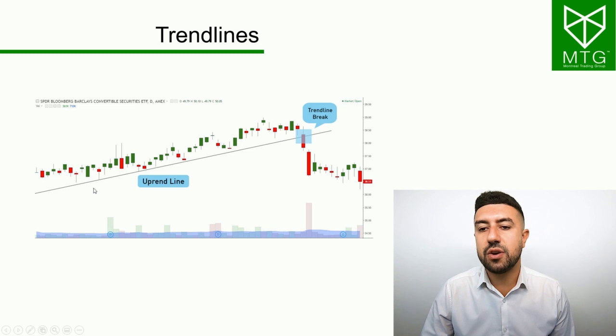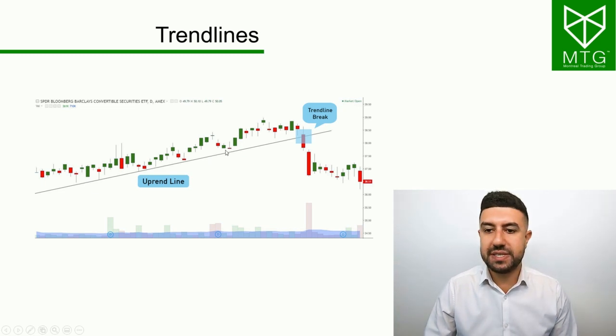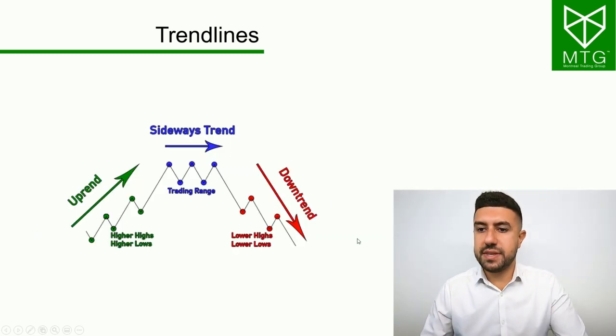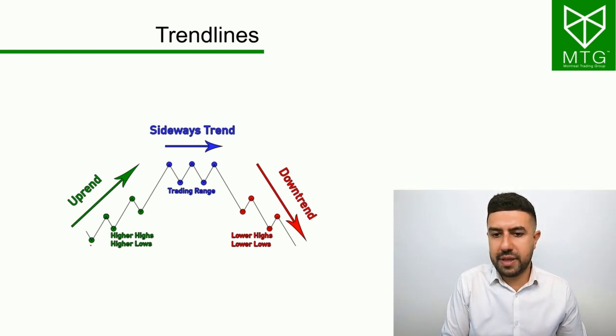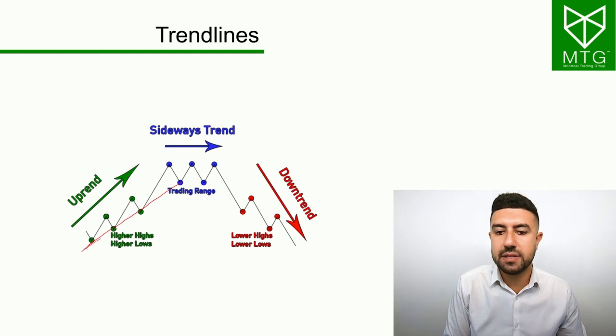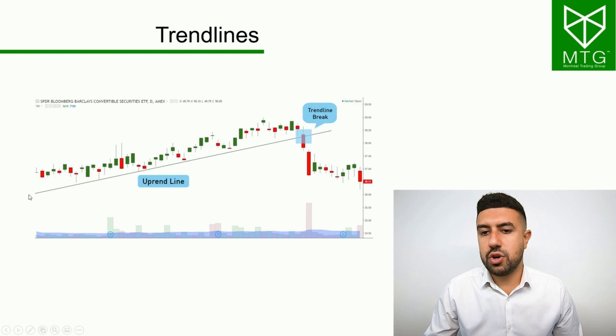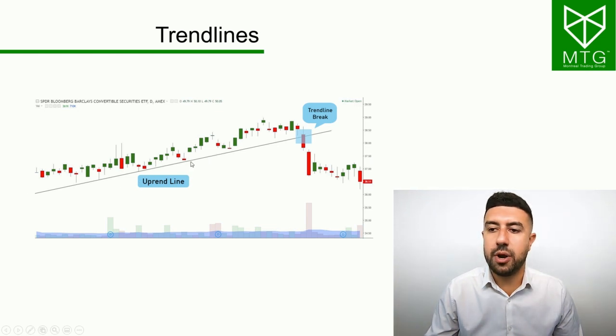So if you're seeing prices are going up, I'm going to take my pen here, and I'm going to draw a trend line, just connecting these dots. This trend line is just going to show me the direction of the prices. So you're just going to draw a line that connects the bottoms.